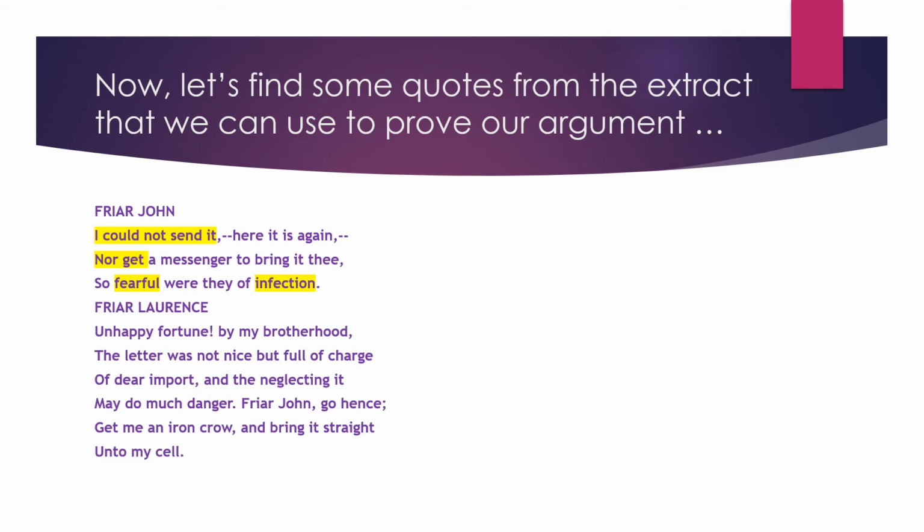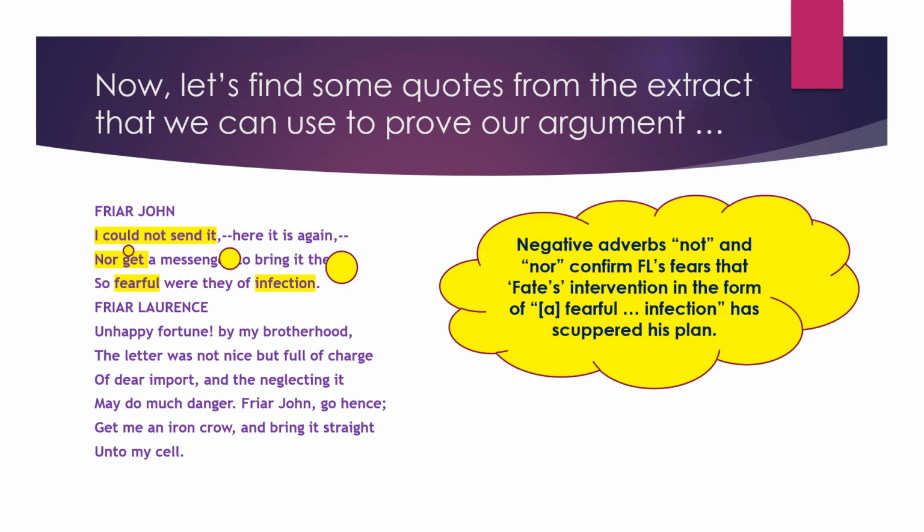And let's now highlight how Friar John responds. So you'll see I've highlighted "I could not send it," "nor get," "fearful," and "infection." So if I could please ask you to highlight that, and then let's start thinking about how we can comment on the use of these negative adverbs, "not" and "nor."